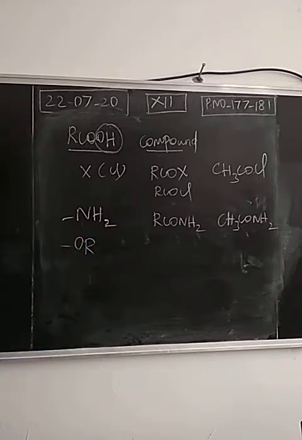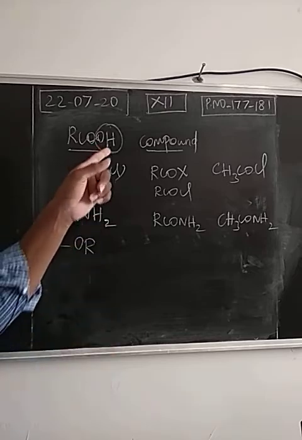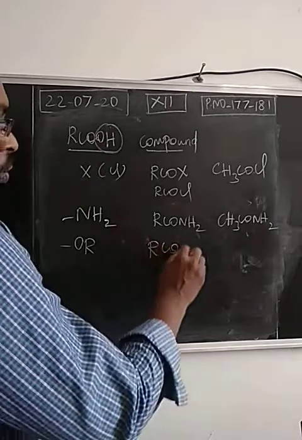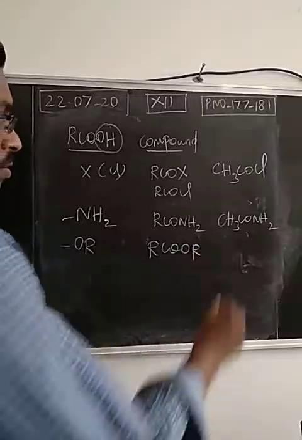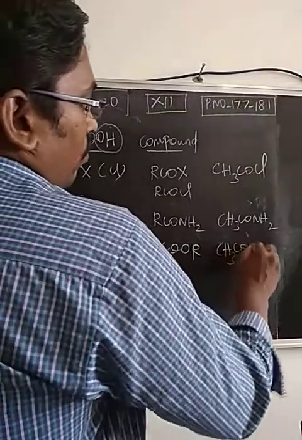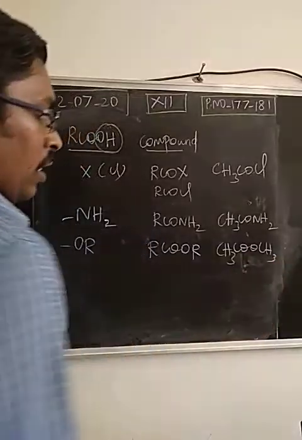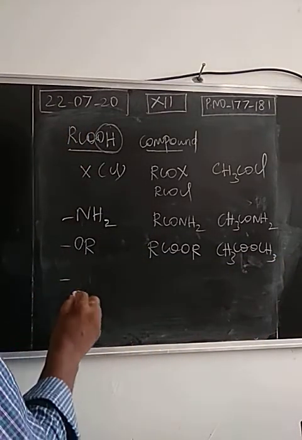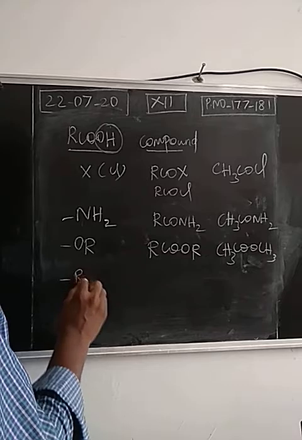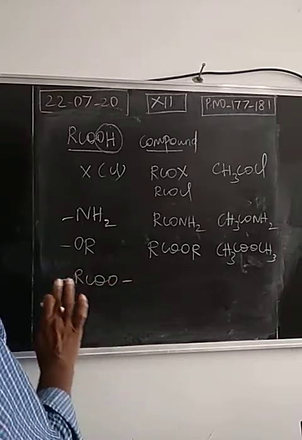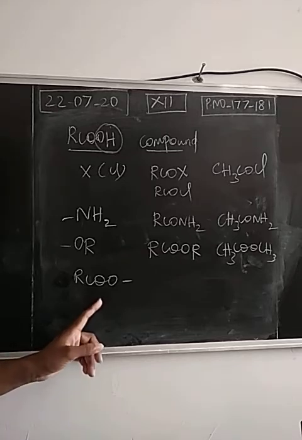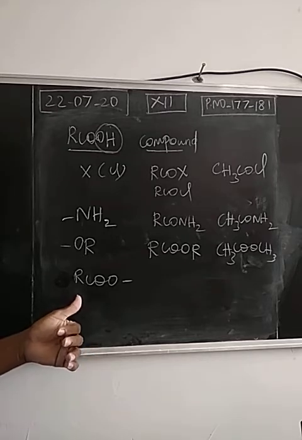Alkoxy group: RO means alkoxy group. OH may be replaced by an alkoxy group. You will get RCOOR. This is called ester. The first member is methyl acetate. Next, OH may be replaced by the acetate group, RCOO.